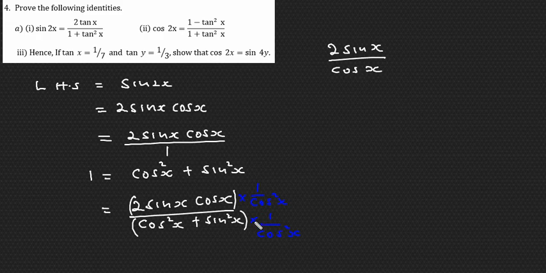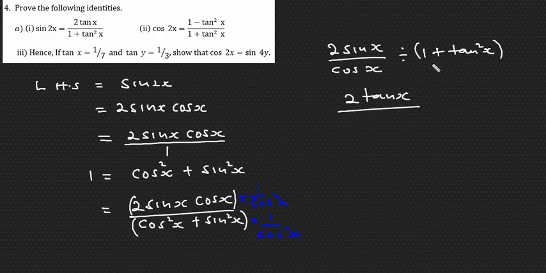Then when we divide by cos squared in the denominator, we get 1 plus tan squared x. Now sine over cos is a tan, so this is 2 tan x divided by 1 plus tan squared x. Hence the left hand side is equal to the right hand side.